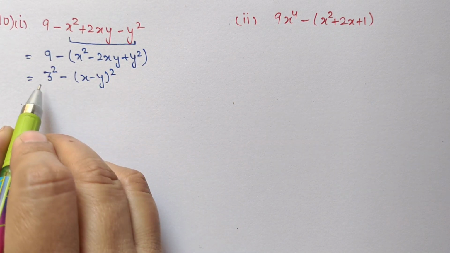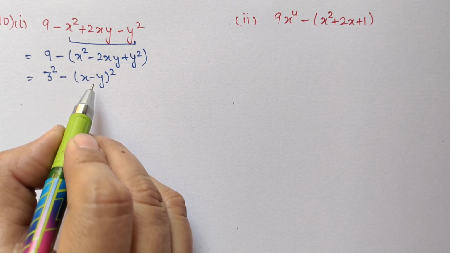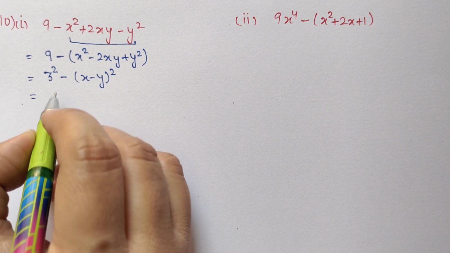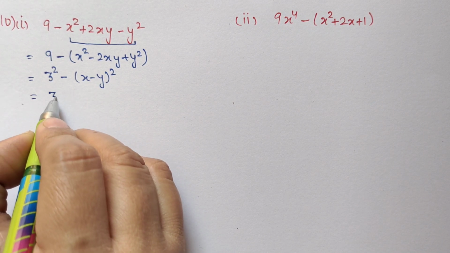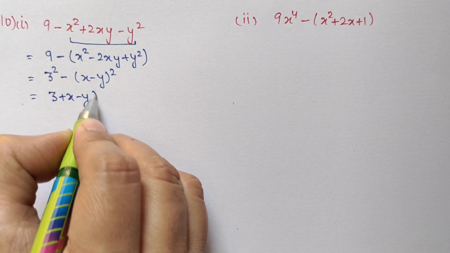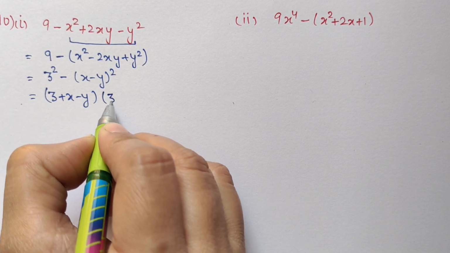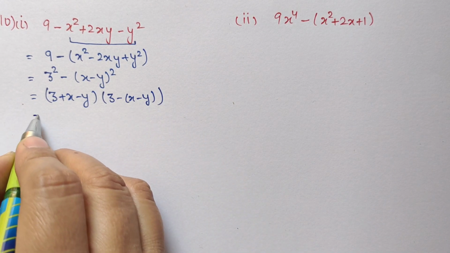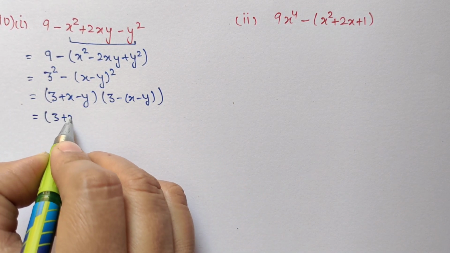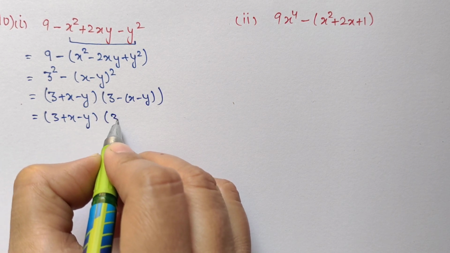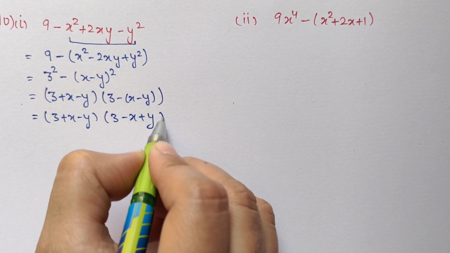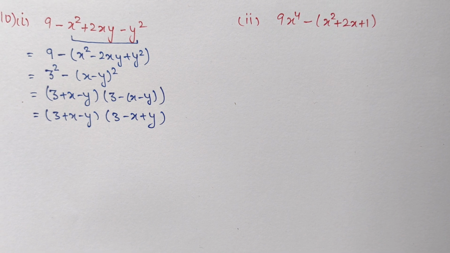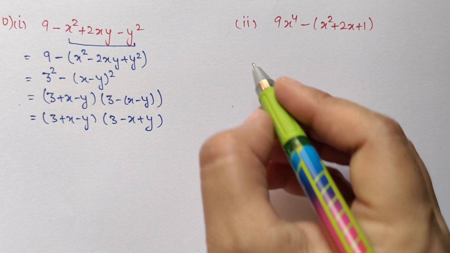Now you can see it has changed into the identity a² − b². Apply the formula (a + b)(a − b): (3 + x − y) and (3 − (x − y)). Remove this bracket: 3 + x − y and 3 − x + y. The symbol will change.